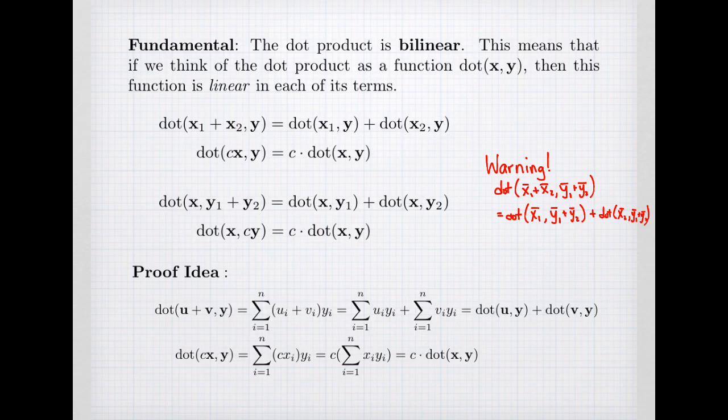Now that I've split it, I get to split it again, and I can finally get, instead of two terms, four terms. I get the dot product of x1 with y1, the dot product of x1 with y2, the dot product of x2 with y1, and the dot product of x2 with y2.